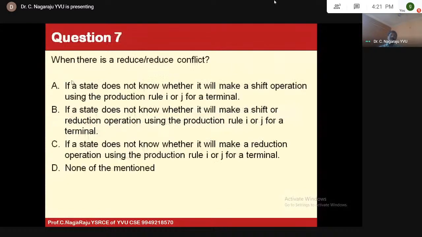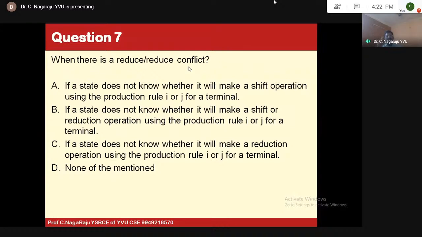Seventh question: when there is a reduce conflict, four options. A: if a state does not know whether it will make a shift operation using the production rule I or J for the terminal.